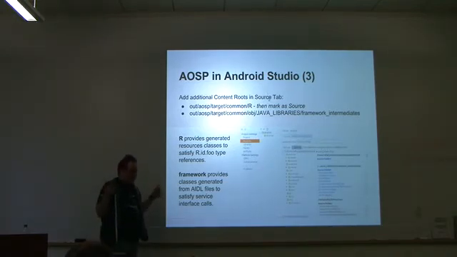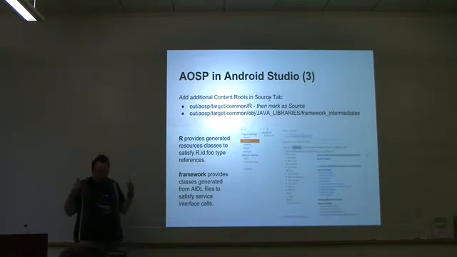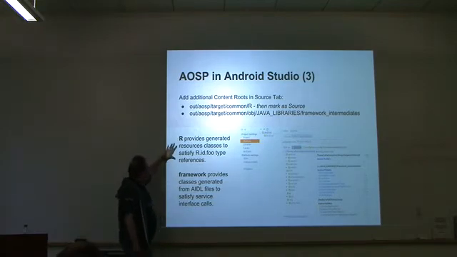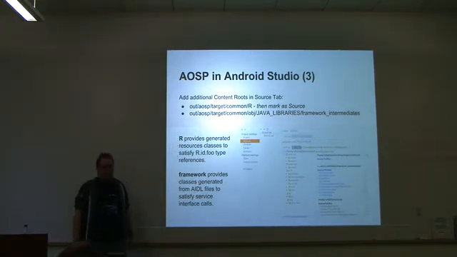Finally, there's two things in the AOSP sources that are essentially generated classes that you need to know about. One reflects the Android resource system, whereby resources are things like bitmaps and XML files and layout files and all these things that go along with your code to make up your full application.